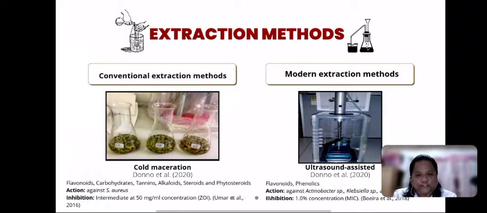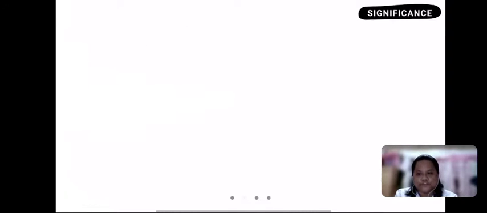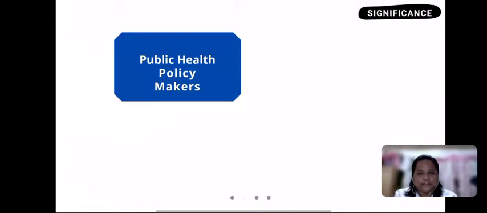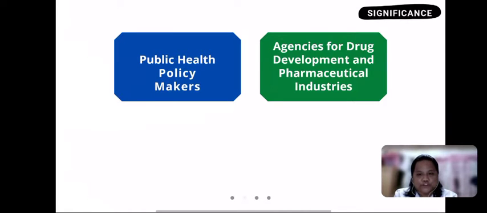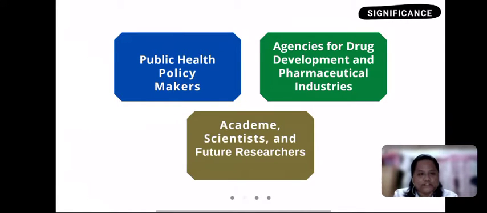This is why the researchers employ this systematic review to help evaluate the suitability of various extraction methods for phytochemicals of Cymbopogon citratus for inhibiting ESKAPE pathogens, specifically to provide beneficial information to the public health policymakers, agencies for drug development and pharmaceutical industries, and the academe, scientists, and future researchers.